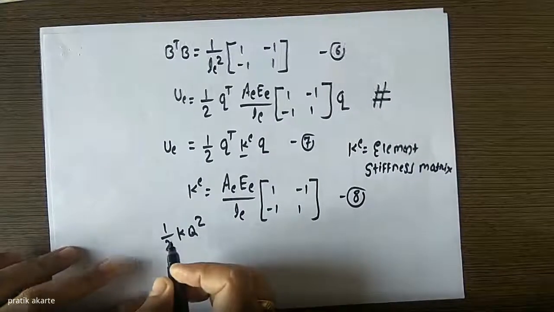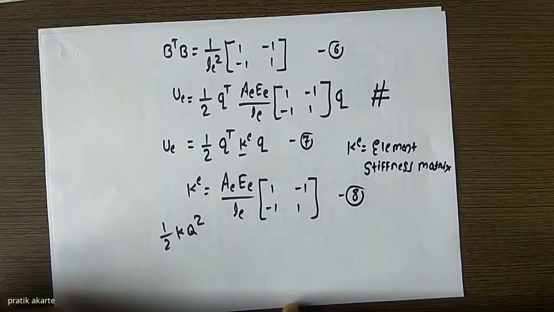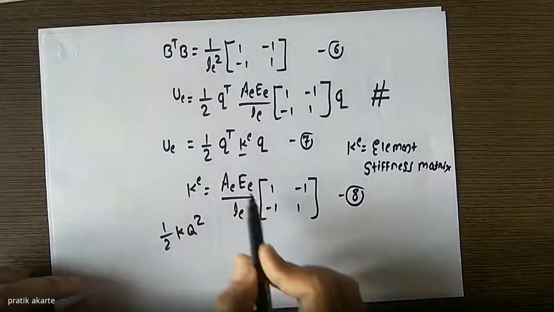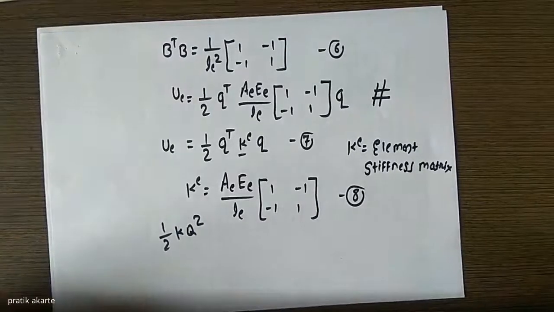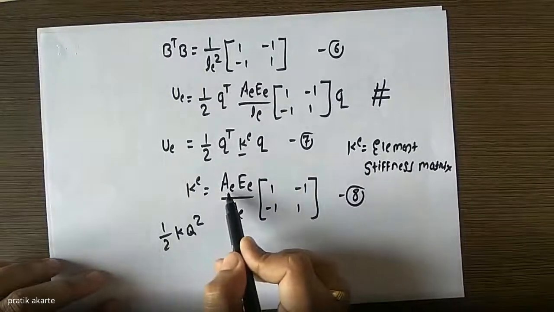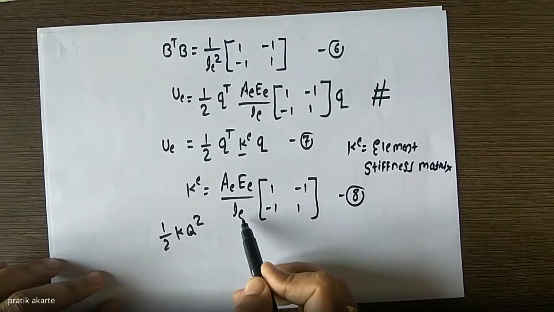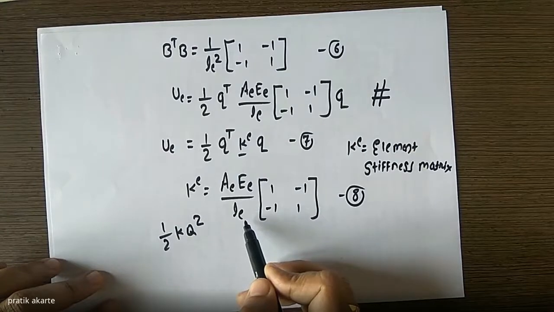So for a spring, the strain energy can be written as half k q square, and from equation number 8, it is seen that K is directly proportional to the product of cross-sectional area and modulus of elasticity, and inversely proportional to the length of the element.